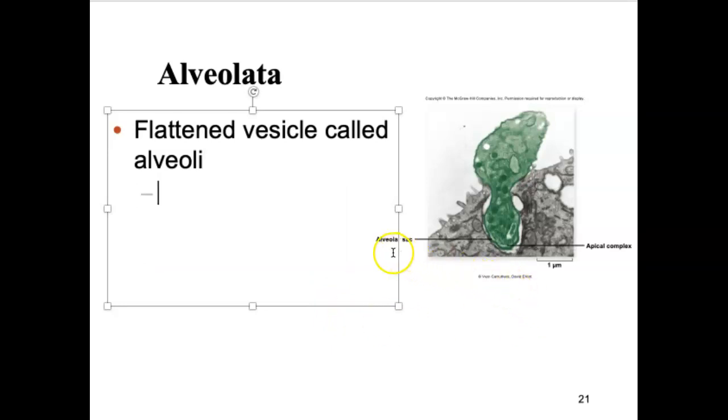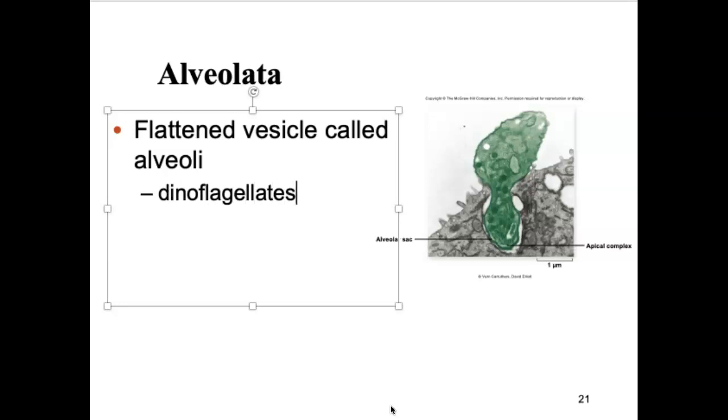On the drawing here, it says alveolar sac right here. Usually these are at the head or the tip of the organism. We need a very big, powerful microscope to see it, but all members of Alveolata will possess these little vesicles called alveoli, or the alveolar sac.